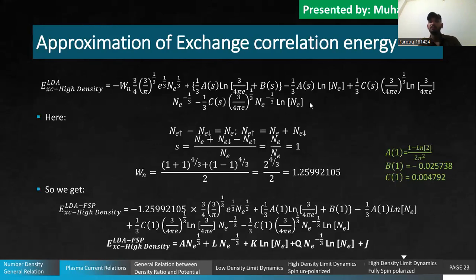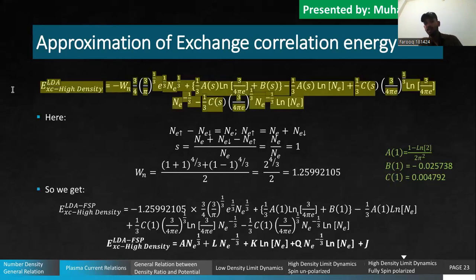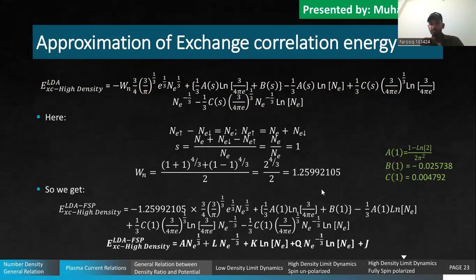Similarly, for the spin polarized case, what is meant by spin polarized case? Spin polarized means that Ne up minus Ne down is equal to Ne. Here the spin factor S is equal to 1 and Ne up is equal to Ne plus Ne down.